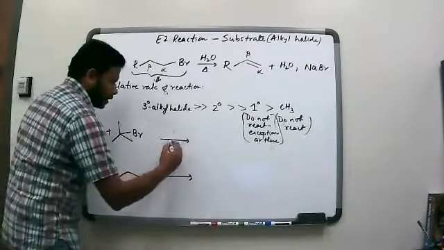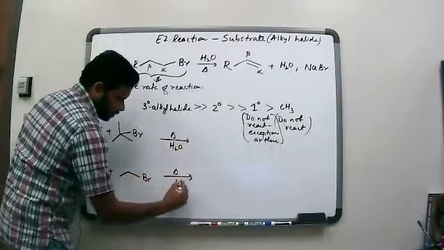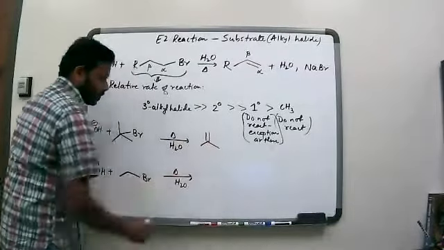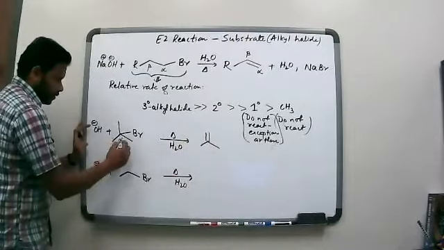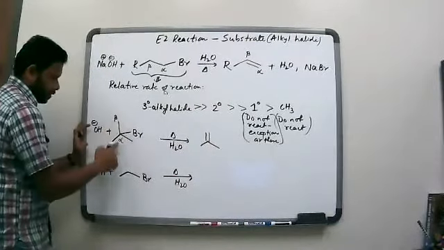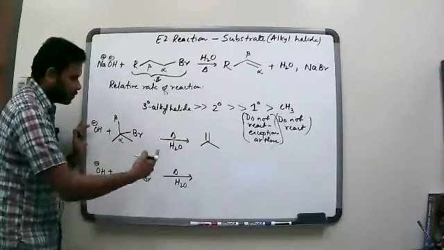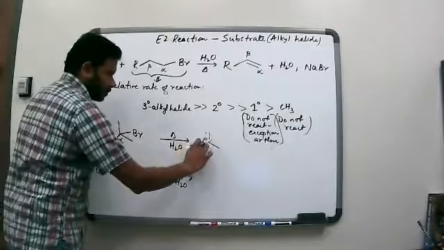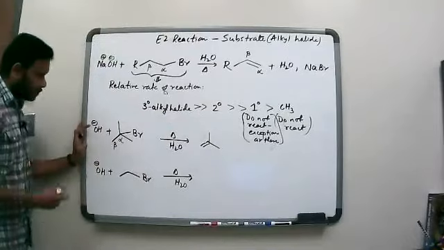The tertiary alkyl halide under these conditions, with heat and water, would give us an alkene. For the primary alkyl halide, this is alpha, this is beta. Either one of those, I could put the double bond anywhere. Maybe I should put the double bond at a different position this time. That's beta, and I'm going to put the double bond here. That doesn't change anything, it's the same alkene.